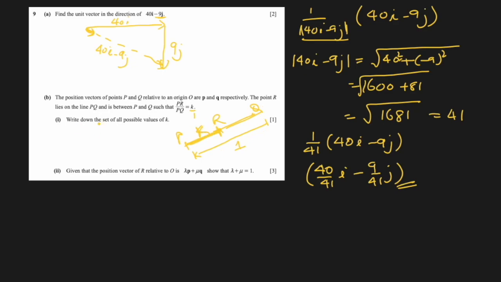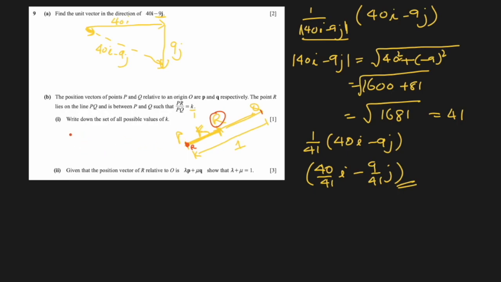Write down the set of all possible values of k. In that case we will have to assume that it is between P and Q, because they are saying R lies on the line PQ. They didn't say line segment, but let's assume it is inside. The smallest possible value is when R is very near to P. So k is very small, almost 0, but not 0.